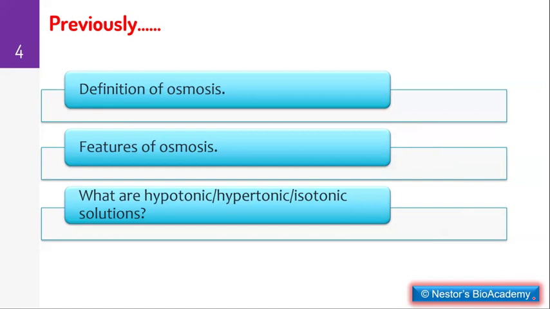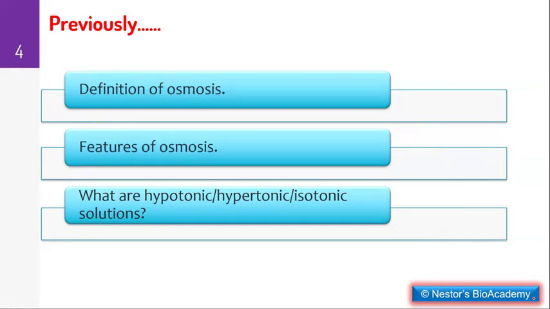Then we looked at the various terms we use to describe concentrations of solutions: hypotonic, hypertonic, and isotonic solutions. Remember we said a hypotonic solution is a solution with a lower solute concentration compared to another solution of reference. So ideally, hypotonic describes a solution which is dilute compared to another reference solution.